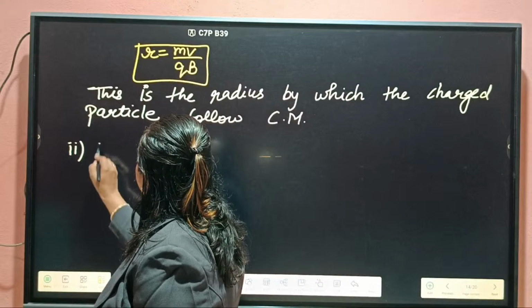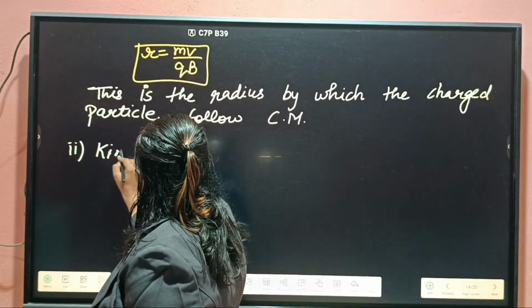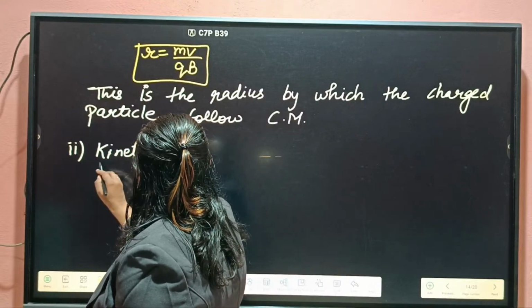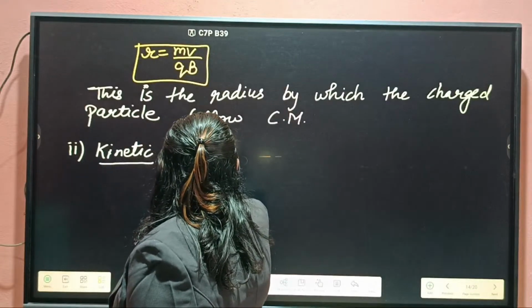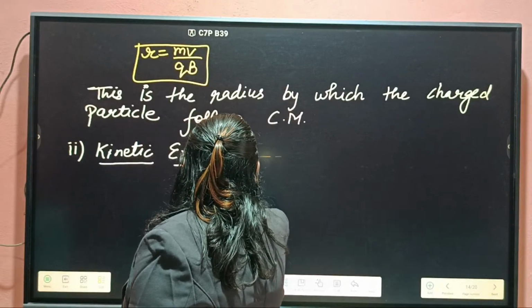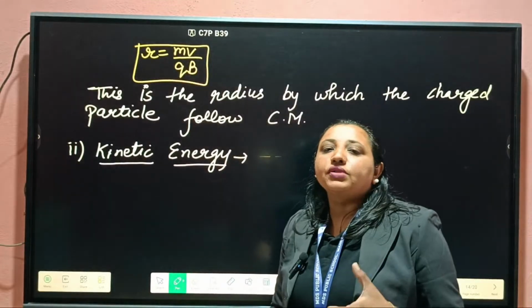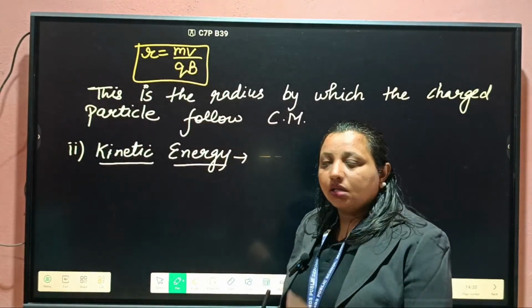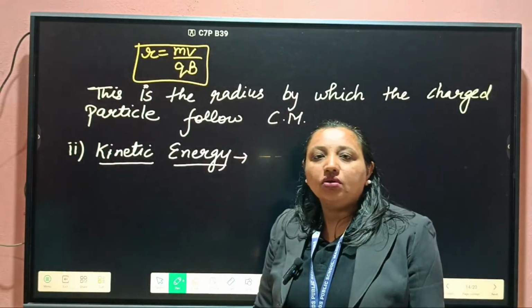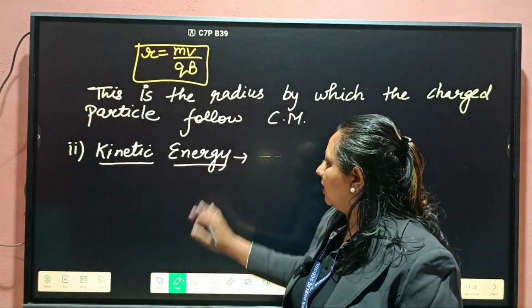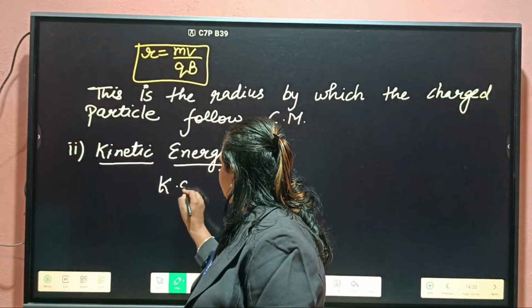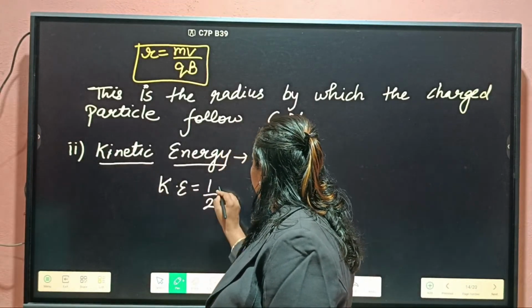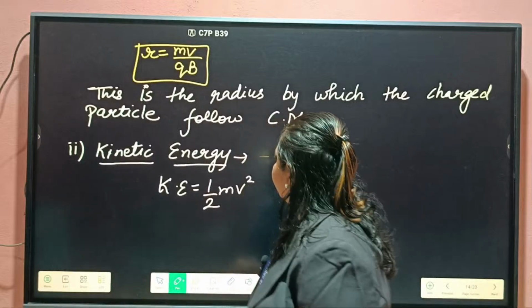Second, we have kinetic energy. So kinetic energy is the energy possessed by the charged particle while moving in the circular motion. So motion में जो objects होते हैं they have the kinetic energy. So what is the formula for the kinetic energy? It's half mv square.